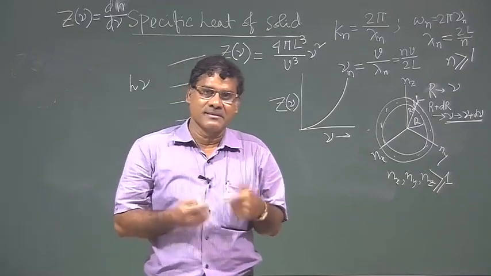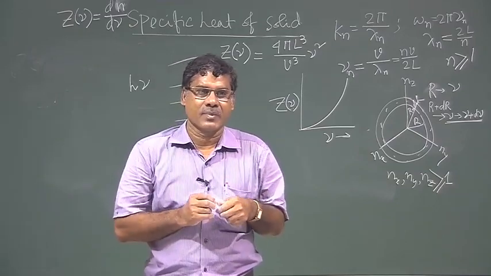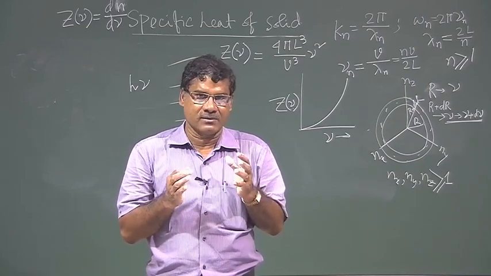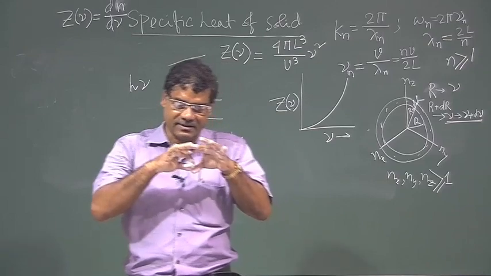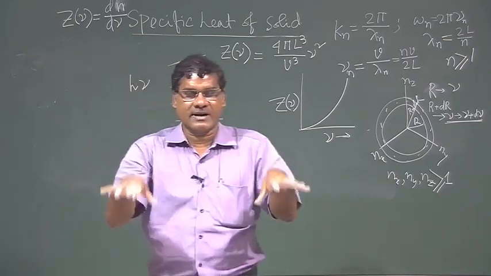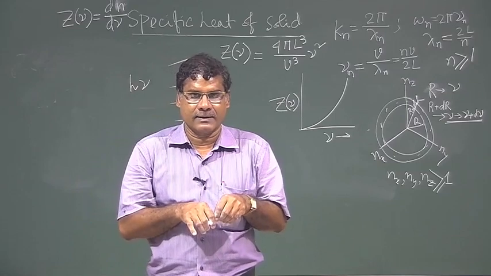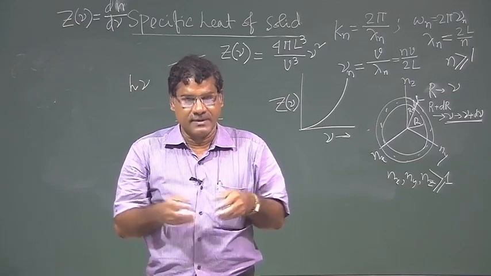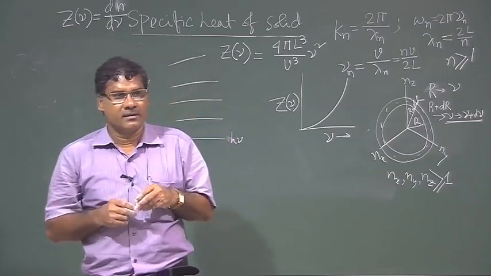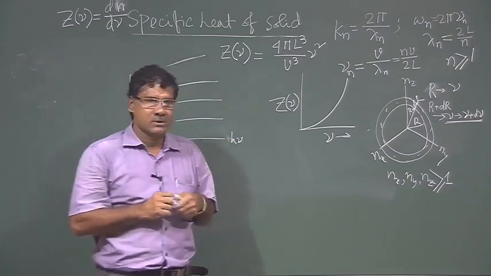Now, again in this case Debye considered that the solid is made of atoms, atoms arranged in the system. Okay. As a whole it is vibrating and giving different modes.